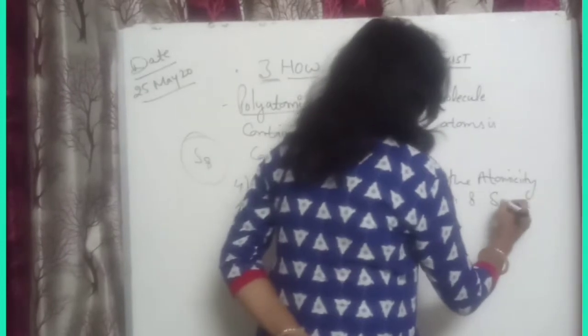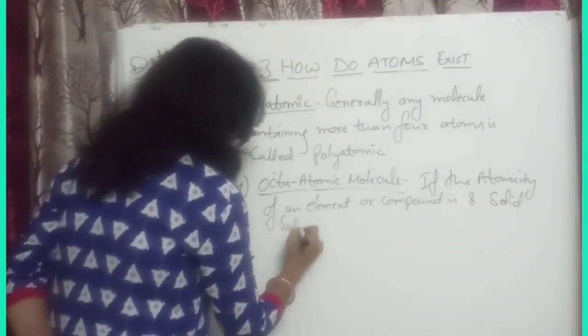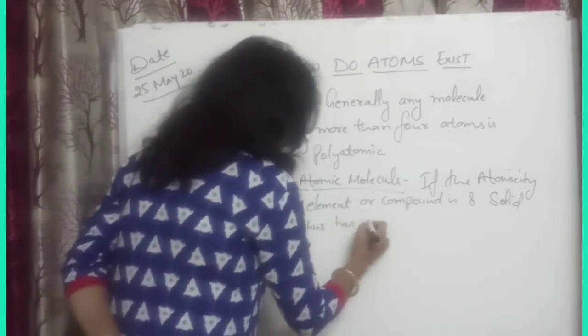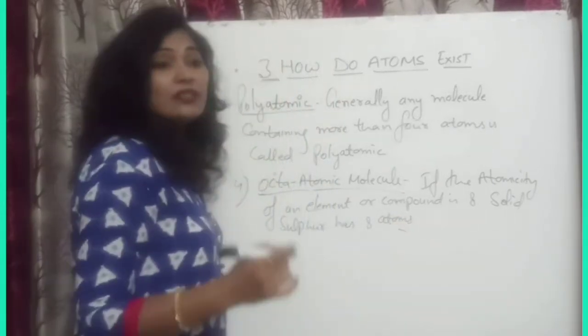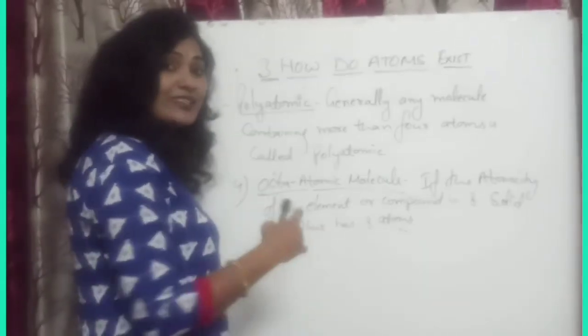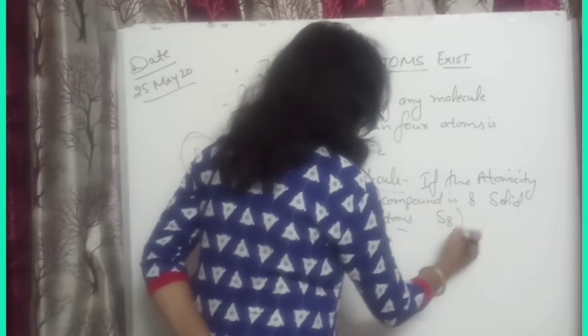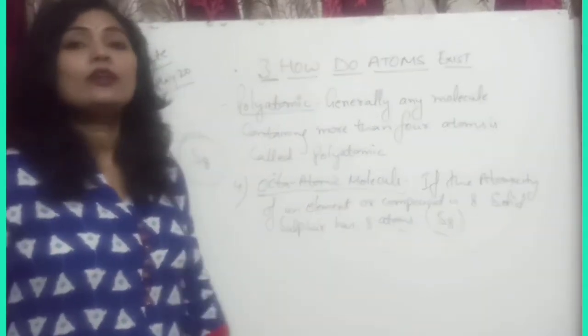And solid sulfur has 8 atoms, or sulfur exists as 8 atoms. It contains 8 atoms, so it is octaatomic. It is written like that, S8. So sulfur is an octaatomic molecule.